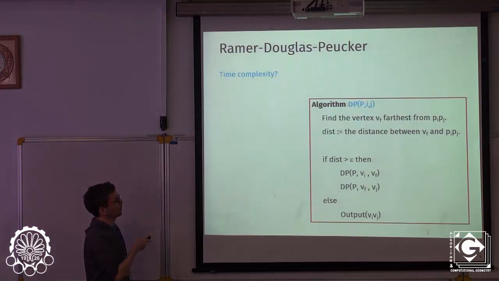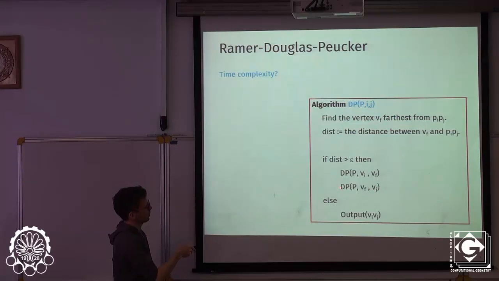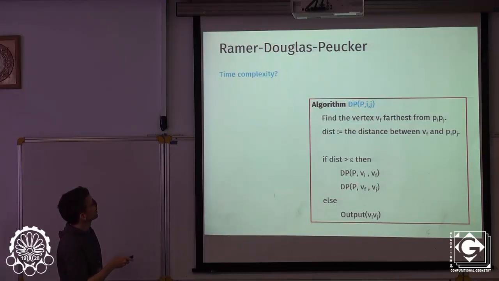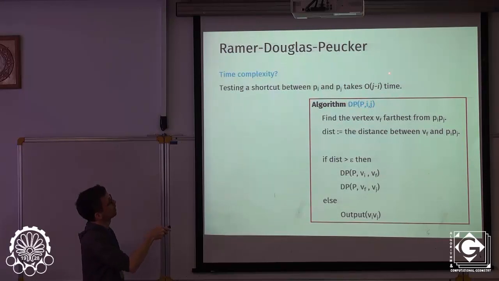Let me say a little bit about the time complexity. We find the vertex that is farthest, so that will take linear time, and then we recurse on two subproblems. If I'm looking at the subtrajectory from i to j, testing whether the shortcut works takes, as I said, linear time in the length of this subtrajectory.